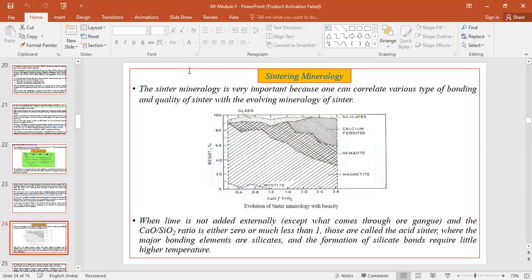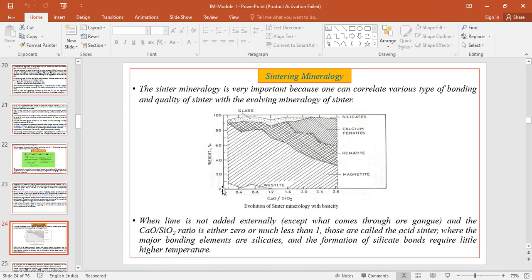In this picture, suppose no flux is added to the sinter mix, that means the basicity, CaO by SiO2 ratio, is much less than 1, or almost equal to 0.